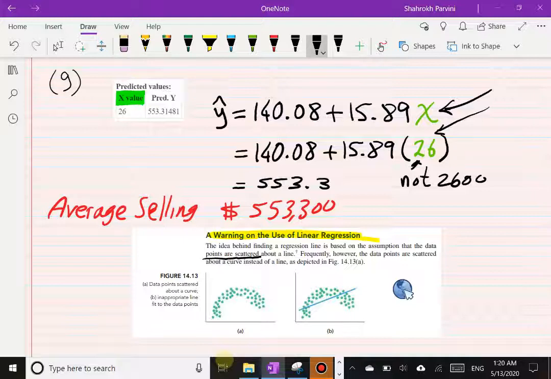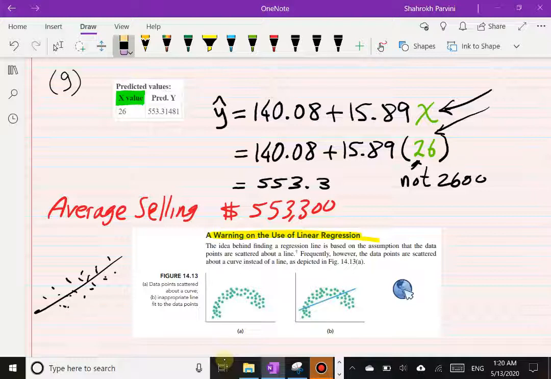That's our assumption. If data does not exhibit a linear trend, we should not even do regression.